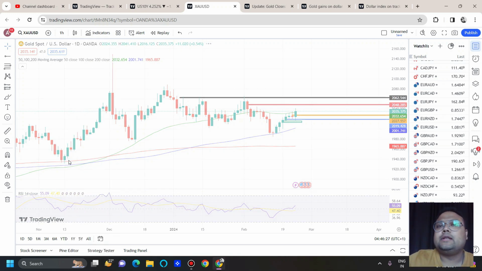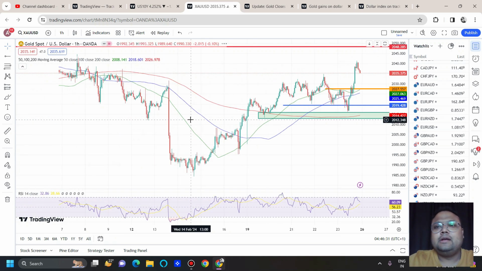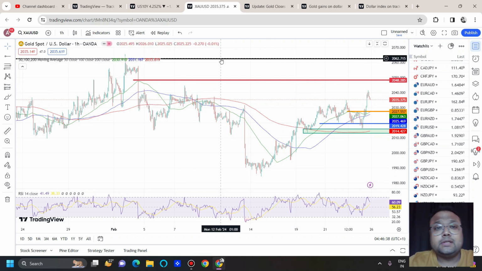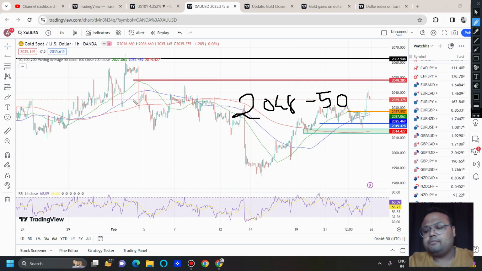Now let's look at the chart on our beloved hourly time frame. On the hourly time frame, we can see that below the big resistance of 2062-65, we have another immediate resistance around 2048 to 2050, or you can also say 2051-52, the red line here. Why?